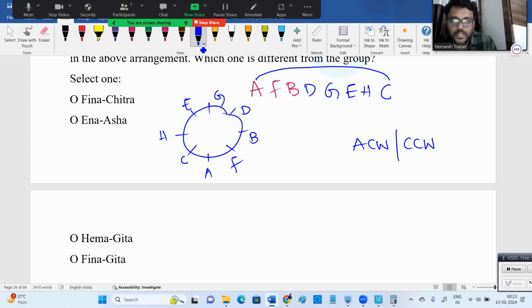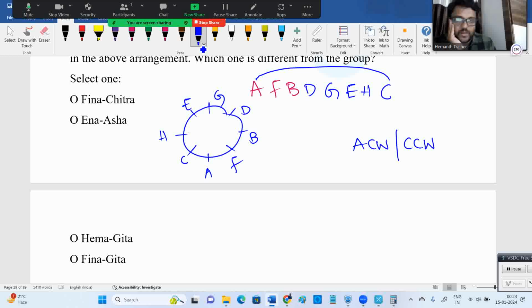Hema and Geeta, one gap. Feena and Geeta, two gap. Is it opposite? Eena opposite Geeta, or Asha opposite Geeta, neighbor is Eena. So one different one among the options.